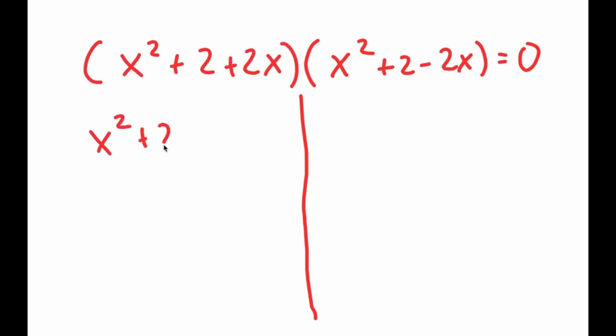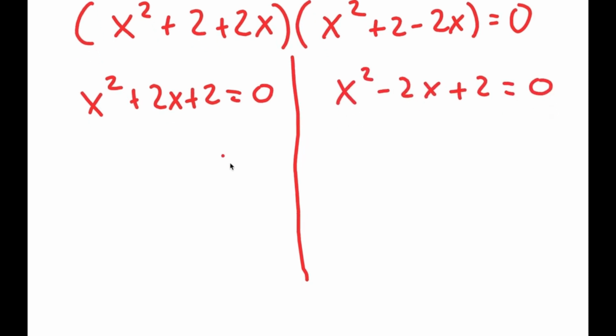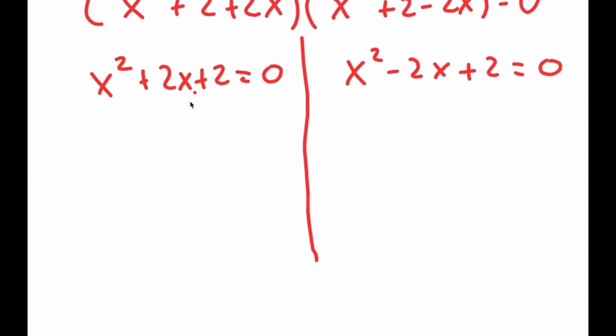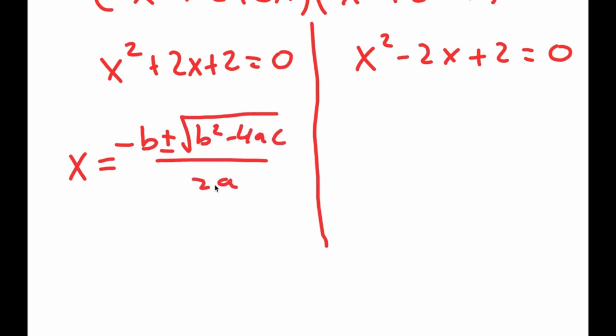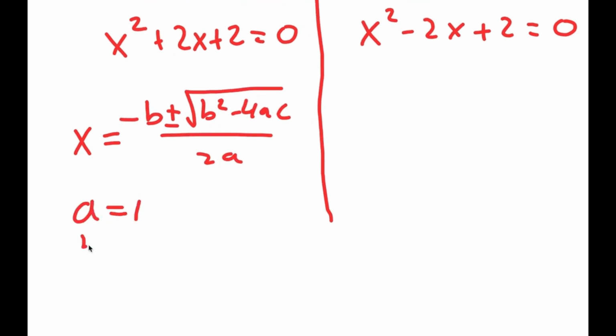I get x squared plus 2x plus 2 equals 0, and x squared minus 2x plus 2 is equal to 0. So now to solve my left-hand equation right here, I can use the quadratic formula, which is negative b plus or minus the square root of b squared minus 4ac all over 2a. So in this case, a is 1, b is 2, and c is 2.